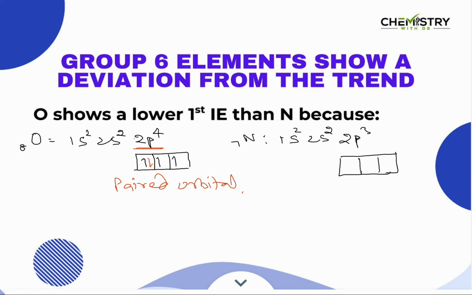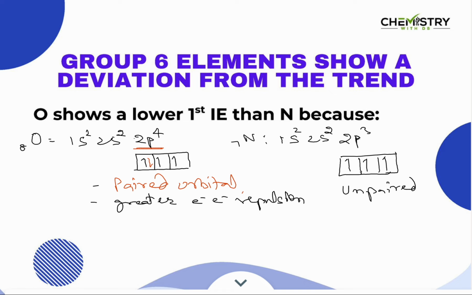On the other hand, in the case of nitrogen, these 3 electrons occupy each of the 3 p orbitals. So that means here we have an unpaired p orbital from which the first electron will have to go. As a result, in the case of oxygen, there is a greater electron-electron repulsion, because when there are 2 electrons present in an orbital, they are going to repel each other.